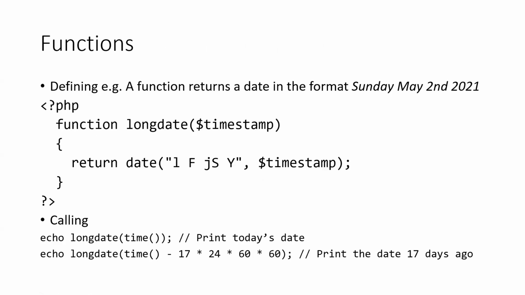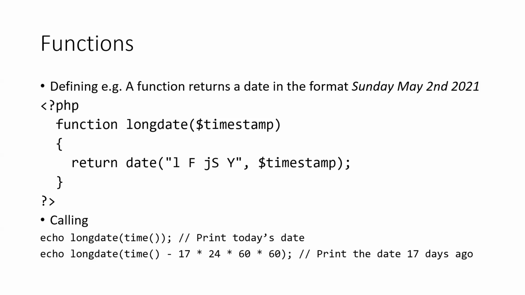Right, let's move on to functions. In this particular case, you will see a function being created called long date, and you will get the timestamp. Simply that will reformat depending on the format that you want.